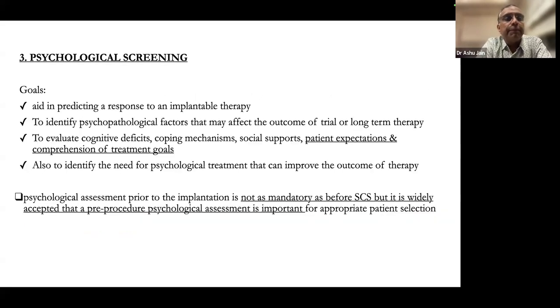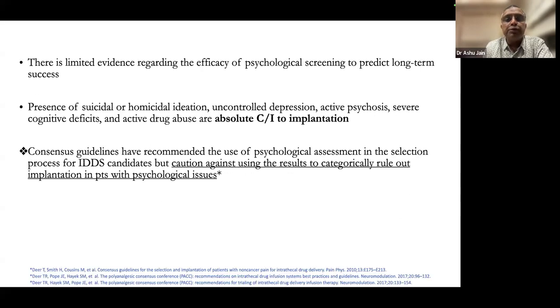Now this is the most important thing, psychological screening. As you know, chronic pain has a lot of central sensitivity and emotional and psychological components. And this should be a standard protocol, that before you implant any implantable device, you should take clearance from psychologists or psychiatrists that they are okay, because any psychological issue is an absolute contraindication for implanting a device.